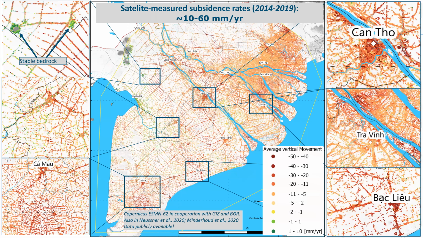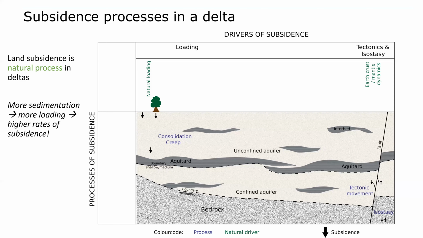With the addition of more sediments on top, which is heavy, it compresses the sediments below. And then we have what we see on the right-hand side here, these more deeply rooted Earth crust dynamics, such as faulting, tectonic movements and isostasy. These tend to be quite limited in speed.